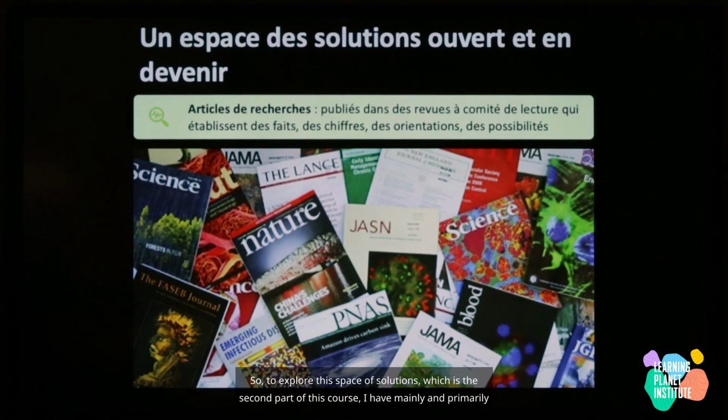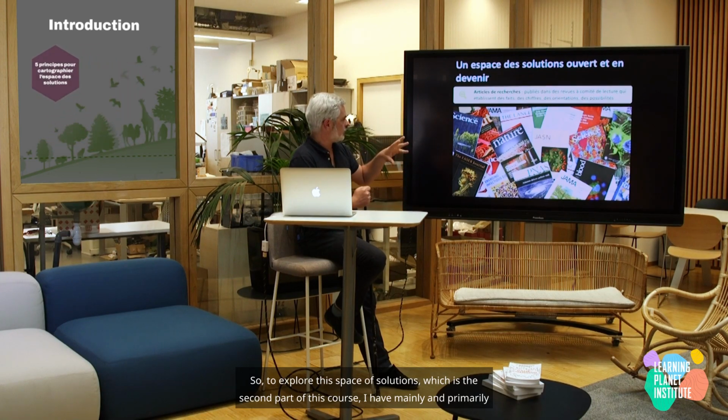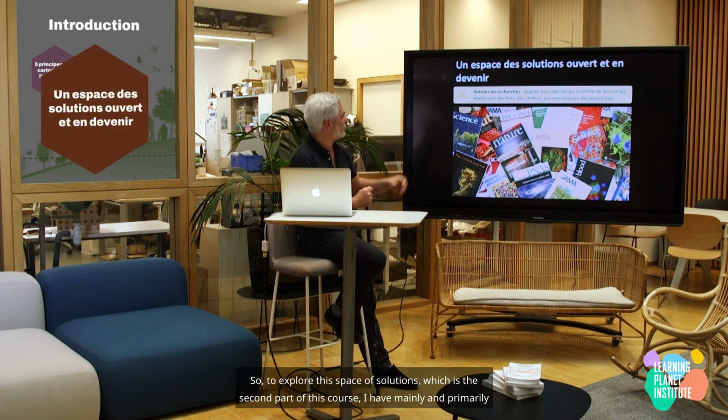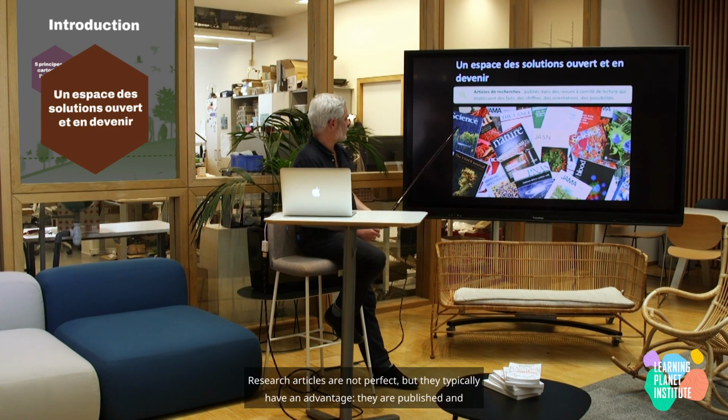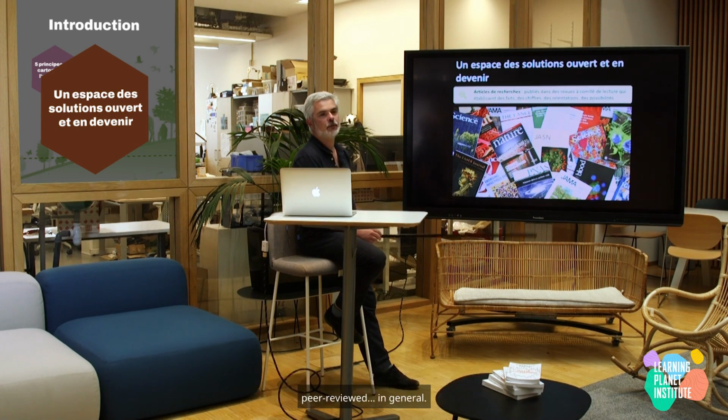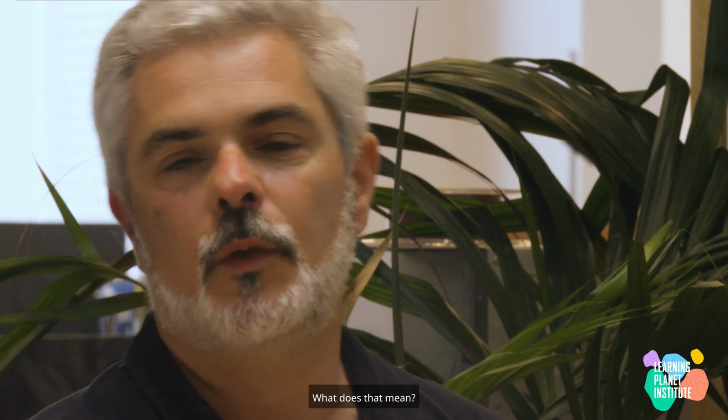So, to explore this space of solutions, which is the second part of this course, I have mainly and primarily taken information from three major fields. The first are research articles. Research articles are not perfect, but they typically have an advantage. They are published and peer-reviewed in general. What does that mean?